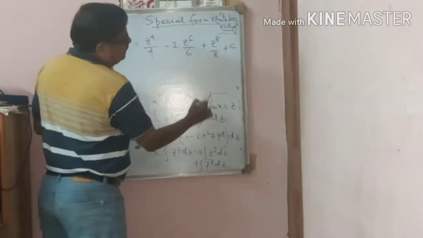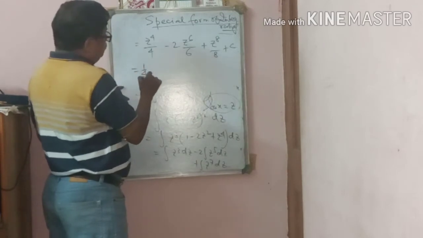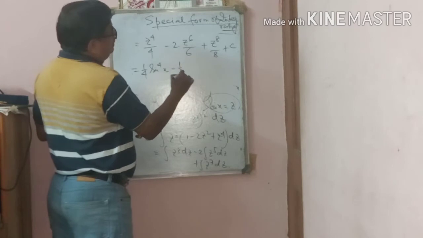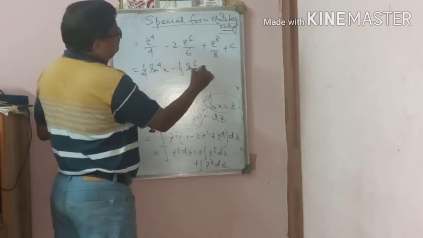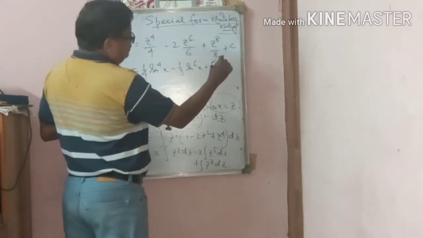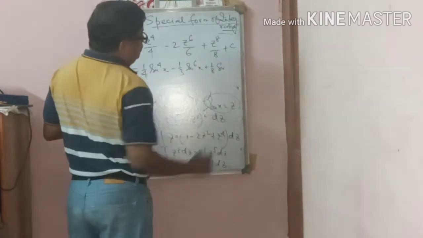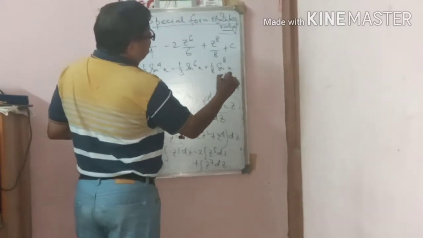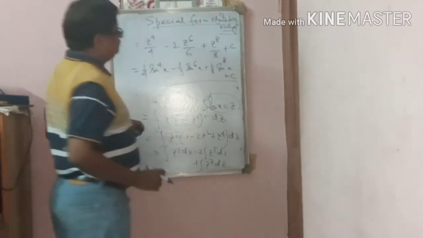And as sin x is z, just put the value: 1 by 4 sin to the power 4x minus 1/3 sin to the power 6x plus 1 by 8 sin to the power 8x plus c. This is the answer.